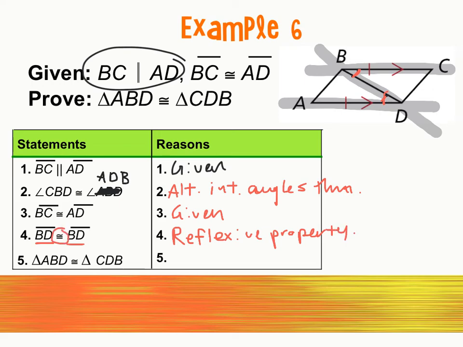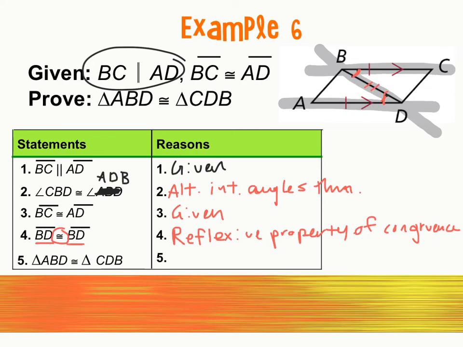And it has a congruent sign, so the reflexive property of congruence. And then step 5 is what we were trying to prove, that triangle ABD is congruent to triangle CBD.